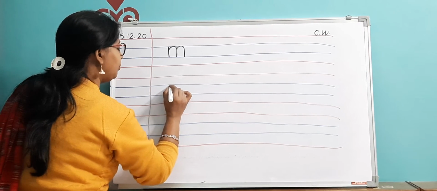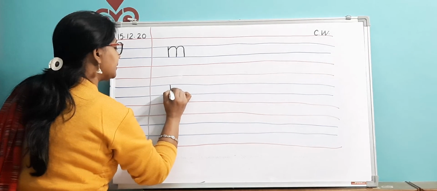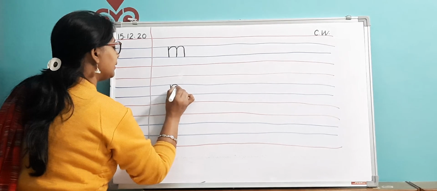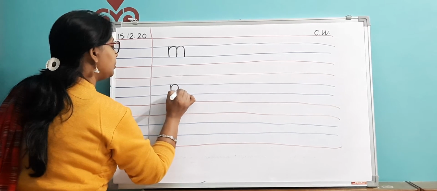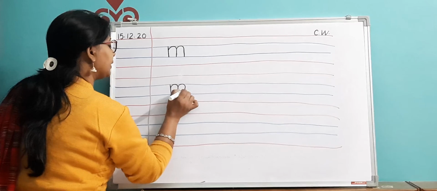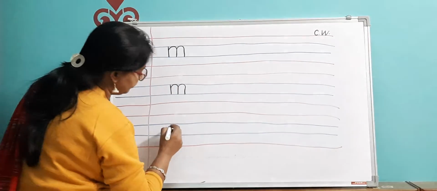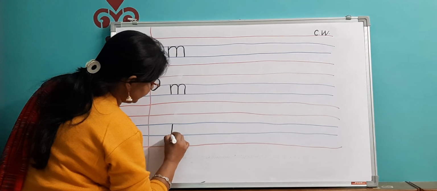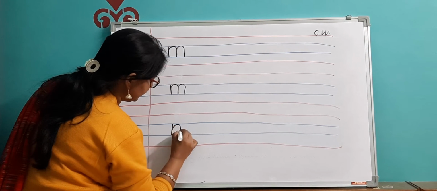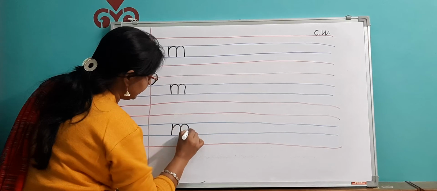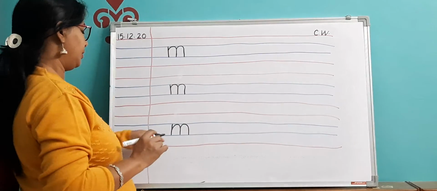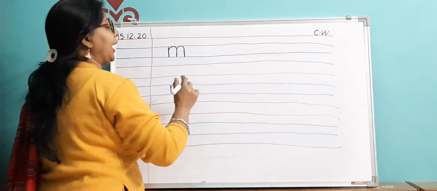Once again, from the blue line, make an ascending line, go back and come down to the third line. Again go back and come down. This is m. M for monkey. This is small m.